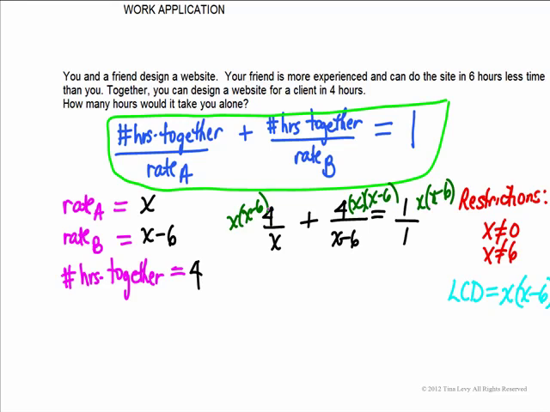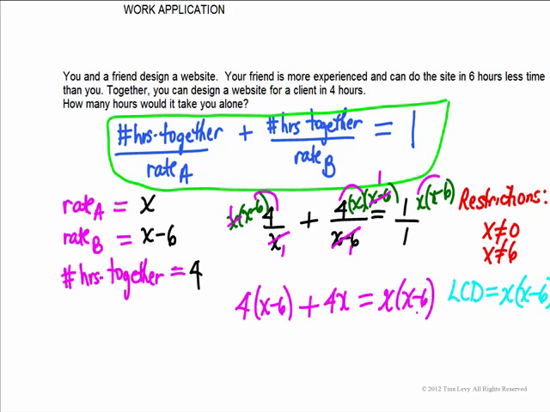Now we never multiply this out. We first do our canceling. X goes into X once, and we are left with 4 times the quantity X minus 6, plus X minus 6 cancels, 4X equals nothing to cancel, so I'm going to put X times X minus 6.